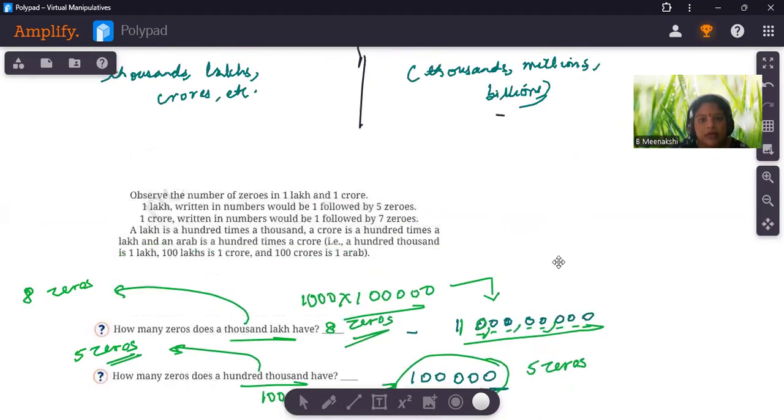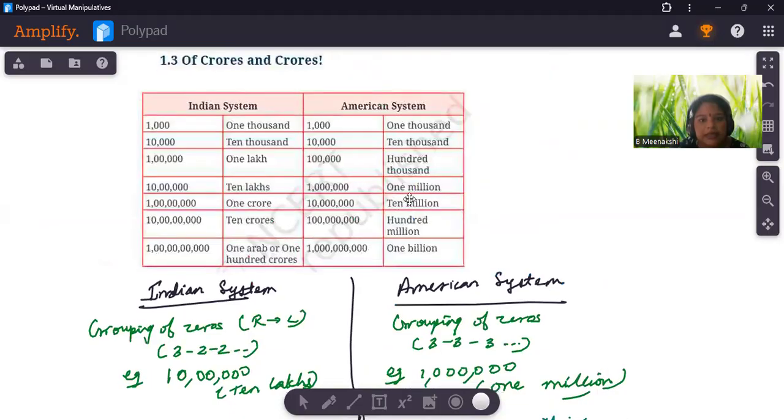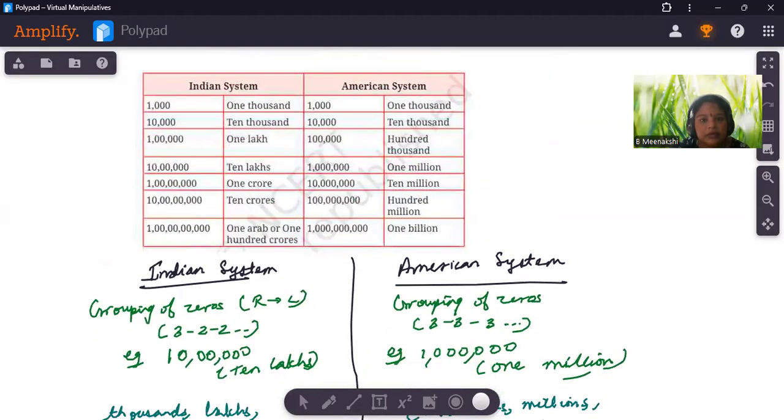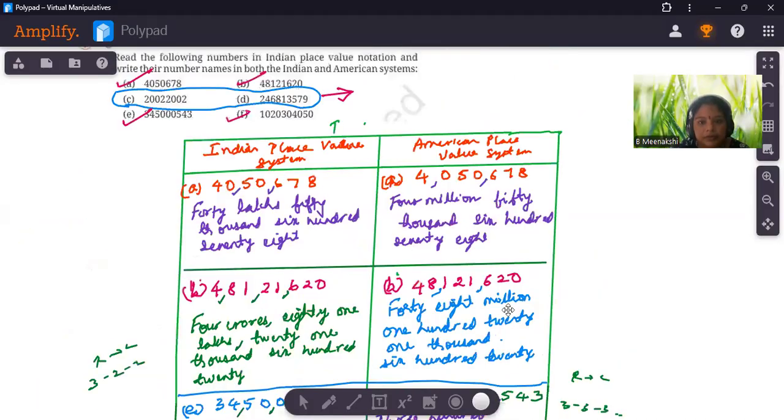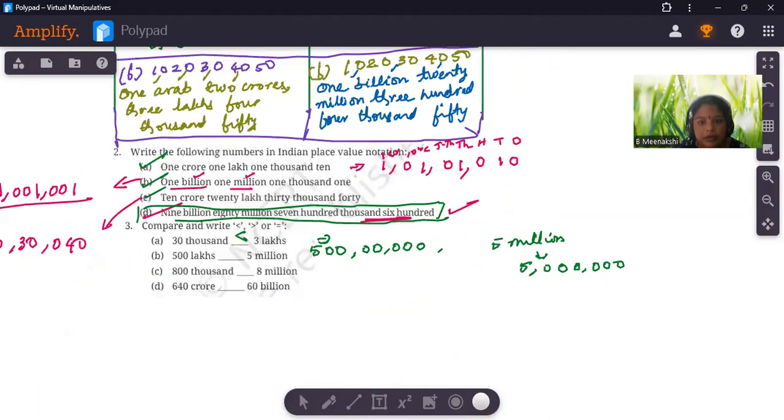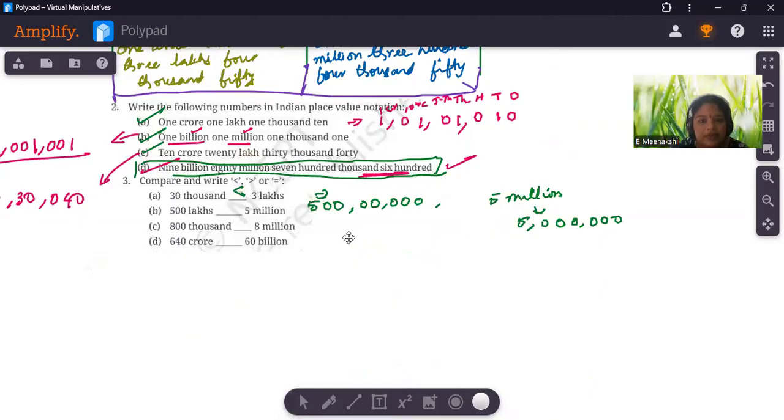Okay. As you can see here, because 1 million is 1 followed by 6 zeros, 5 million is 5 followed by 6 zeros. Now, of course, 500 lakhs is greater than 5 million.